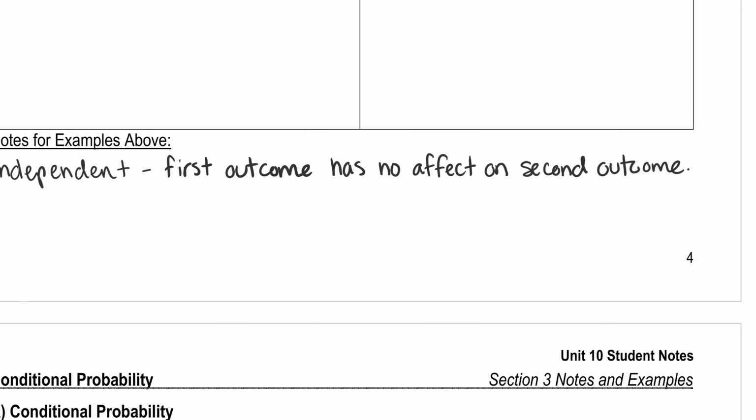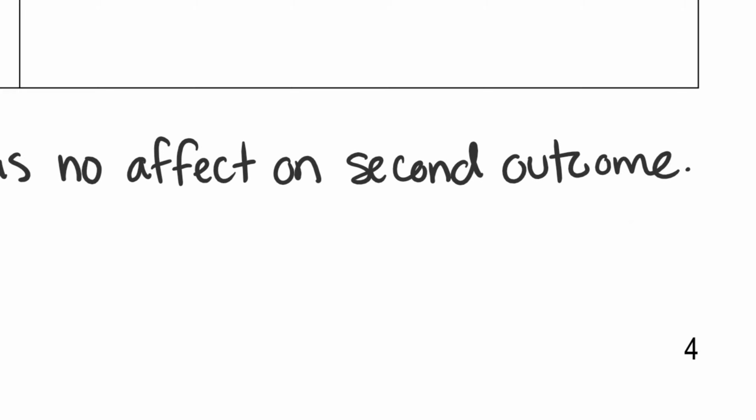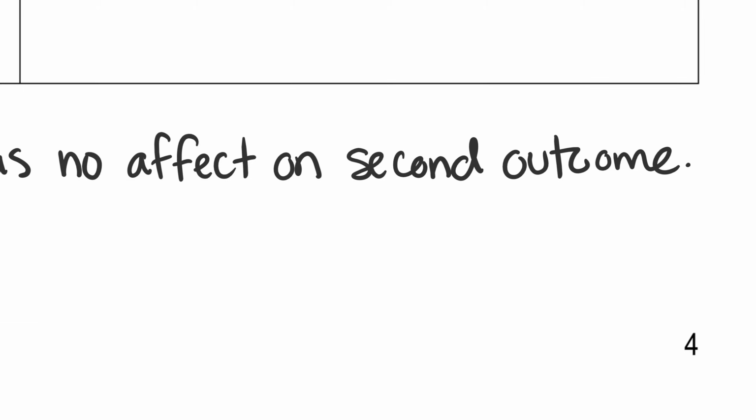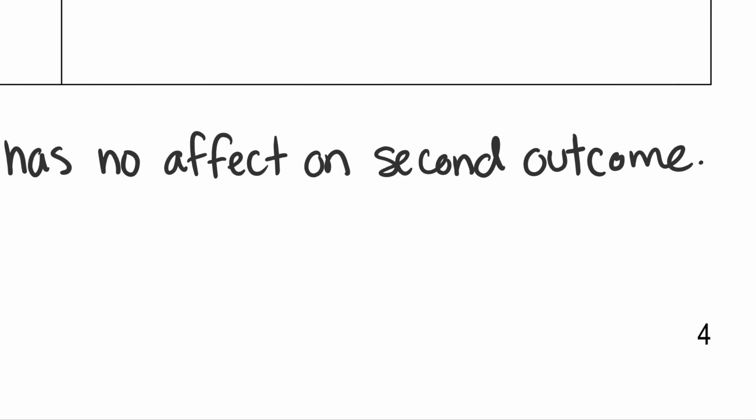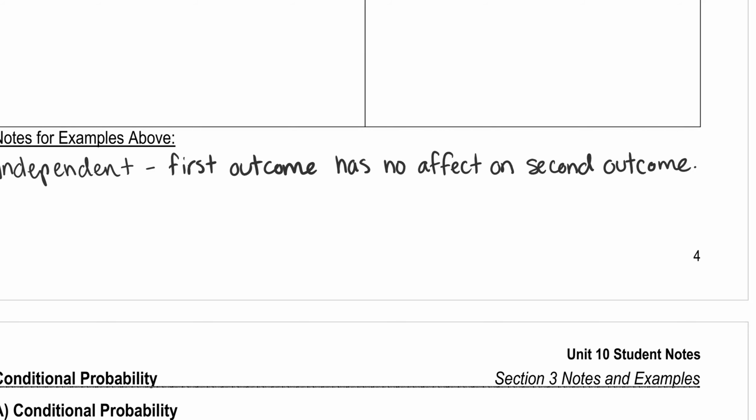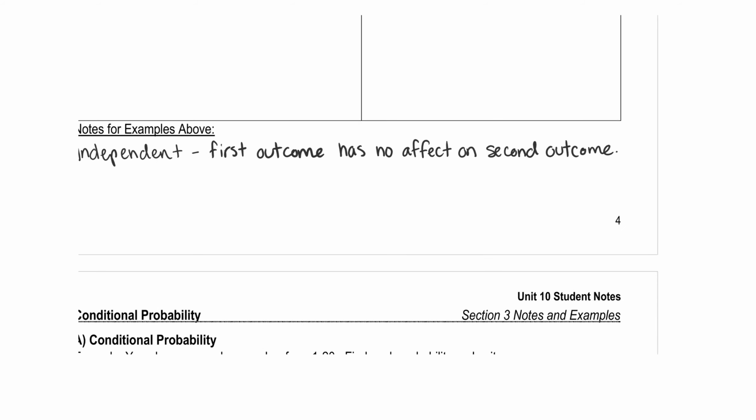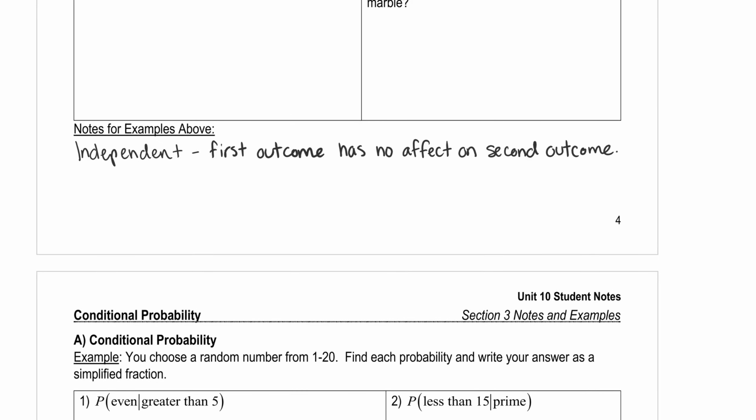So no matter what happens first, and that does look kind of weird, doesn't it? It'll let me erase. I'll redo it. So some examples of independent events: say you cook a meal and then you go watch TV.